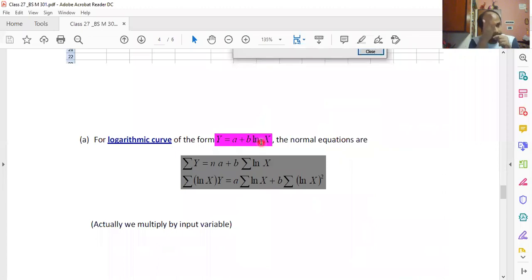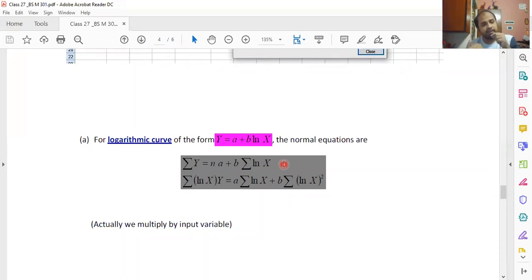Okay. Logarithmic curve. This is the form y equals a plus b log x, and this curve has a form of this plus this, so we can easily set the normal equations. Just like before, the terms present on both sides of the equation are preceded by summation, so we get summation y equals n into a plus b summation log x. In linear curve fitting and the second degree parabola, I multiplied by capital X. In exponential curve fitting, we multiplied by X star.